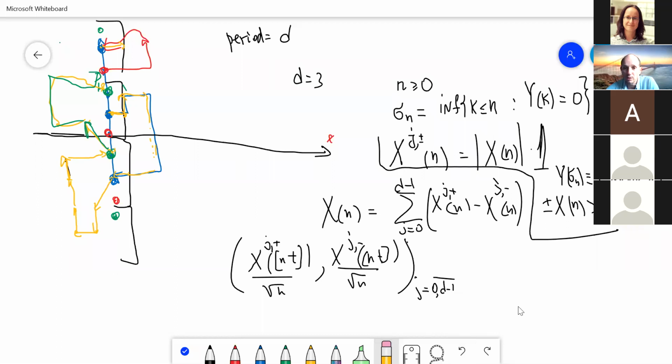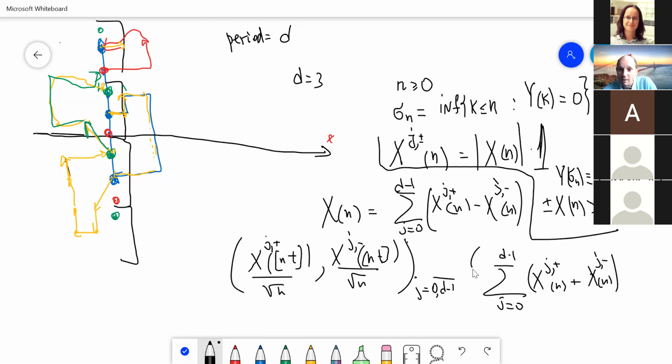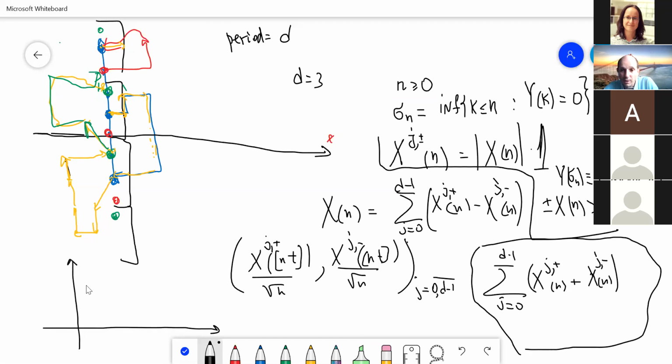And if you consider the sum over j from 0 to d minus 1 of xj plus of n plus xj minus of n, then this is a random walk on natural numbers with 0, with reflection at 0, and transition probabilities are as follows.